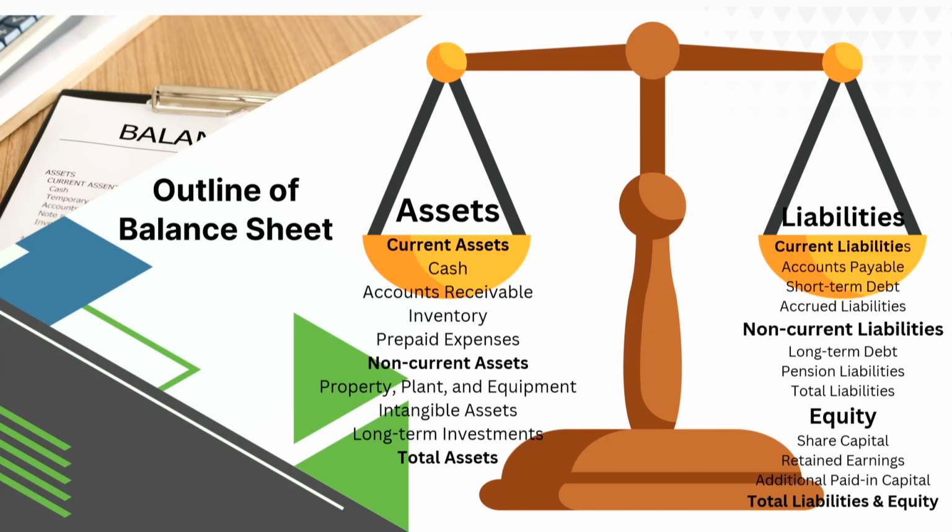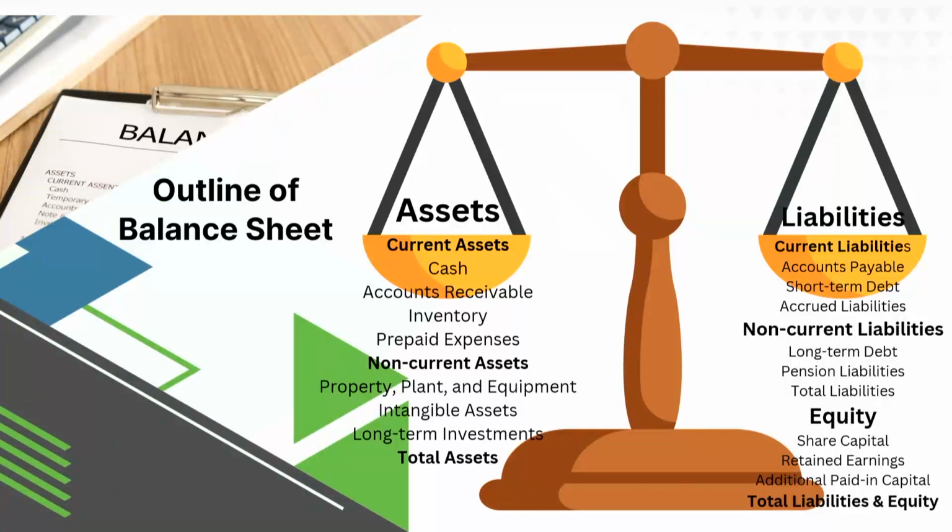Then marketable securities, these are the short-term investments of the company which include stocks and bonds. And the last is prepaid expenses, which are the advance payments made by the company for different services such as insurance and rent.